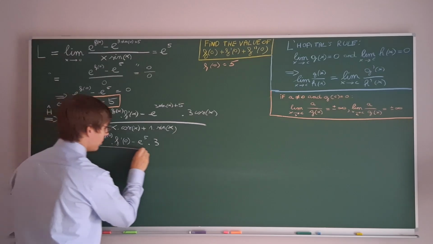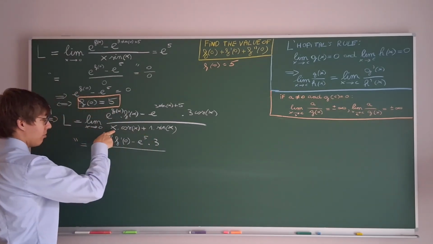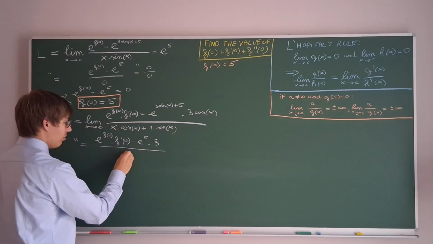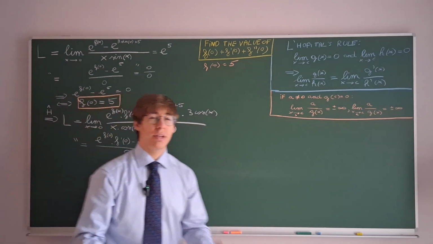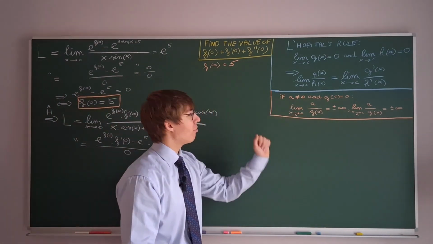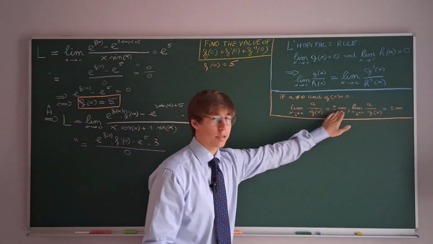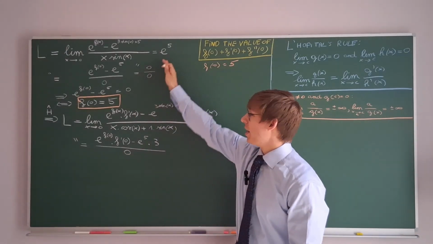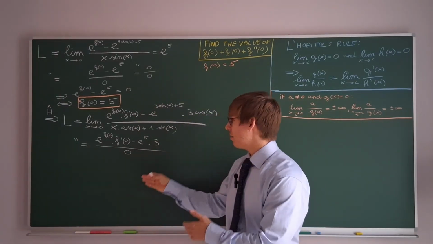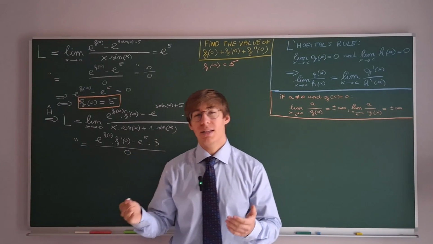And the denominator becomes 0 plus 0, so 0. And now we can apply the same logic as before. Since our limit is not plus or minus infinity but finite, we can deduce that the numerator should be 0.